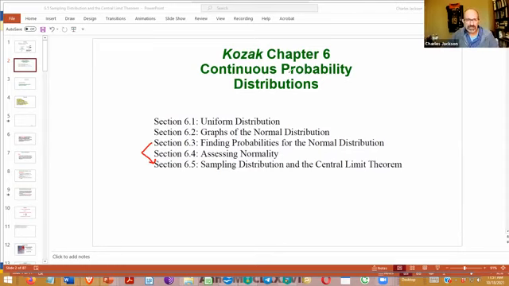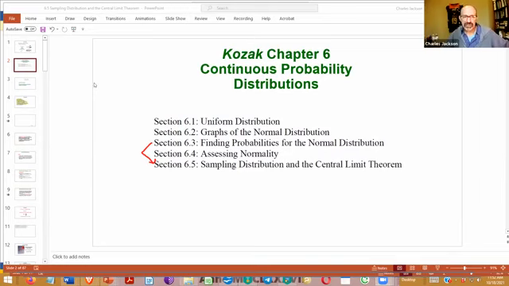6.4, assessing normality, is preliminary to 6.5. 6.5 guarantees us the ability to do certain things on the assumption of normality.